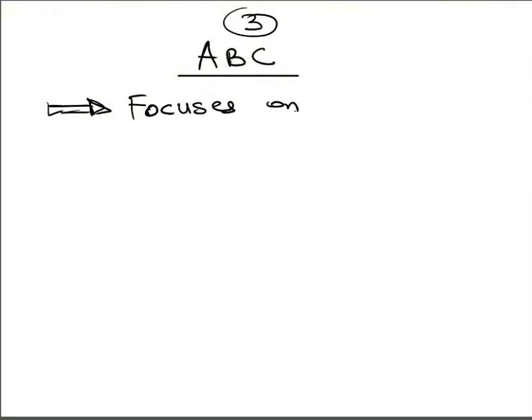Simple. Number 3 method is ABC. The same ABC you know, is nothing different, so I don't have to explain it to you again. But what it does is it helps you to focus. So this one focuses on number 1, environmental related costs.